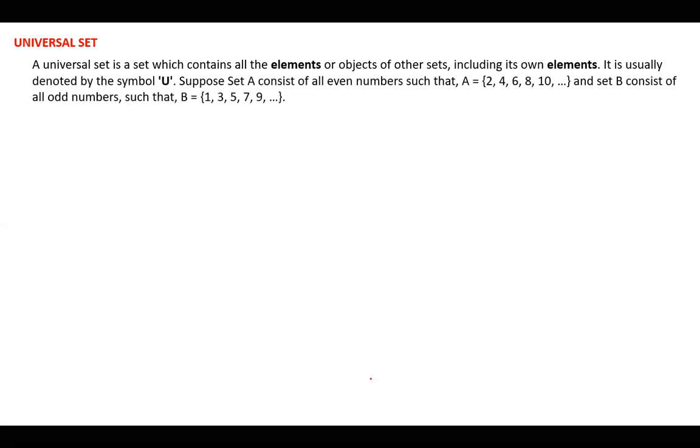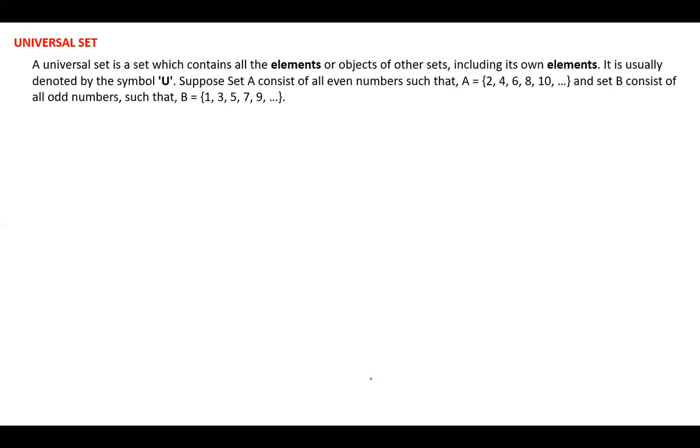Let us now look at the universal set. What is the universal set? The universal set is simply a set that you come up with after combining different kinds of sets. A universal set is a set which contains all the elements or objects of other sets, including its own elements.